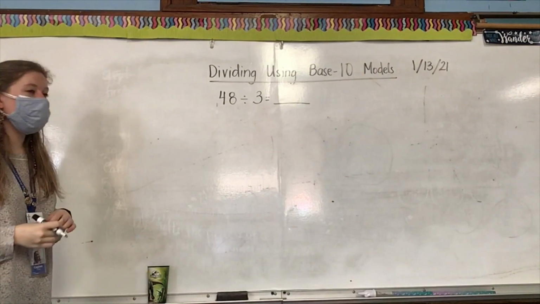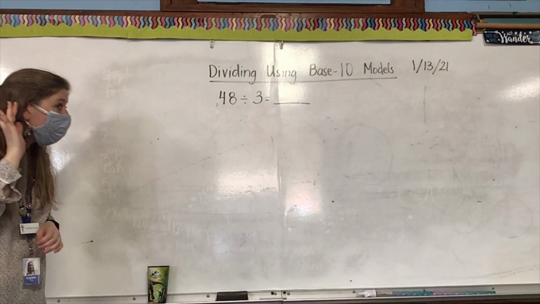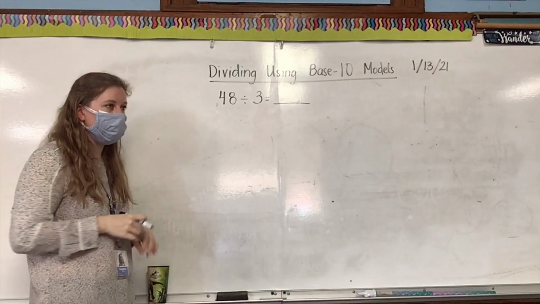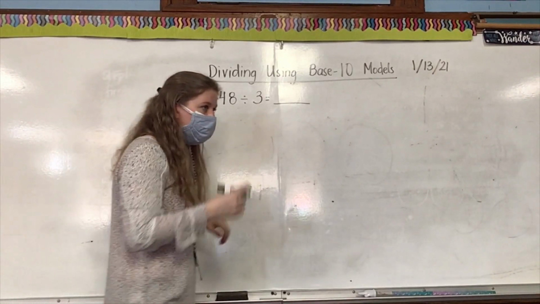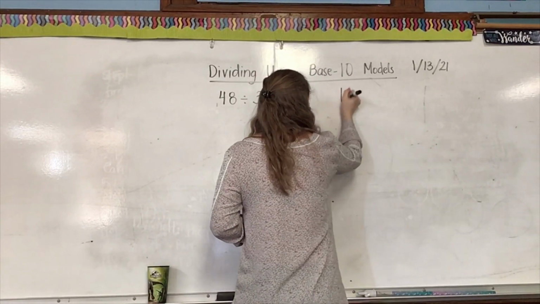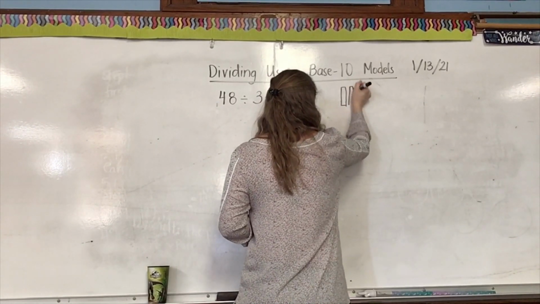Okay, Zadie, what is the first step? Model the dividend. What is my dividend in this problem? 48. How do I model 48? 4 ten rods. 1, 2, 3, 4. Oops, that's a fat ten rod, but oh well.